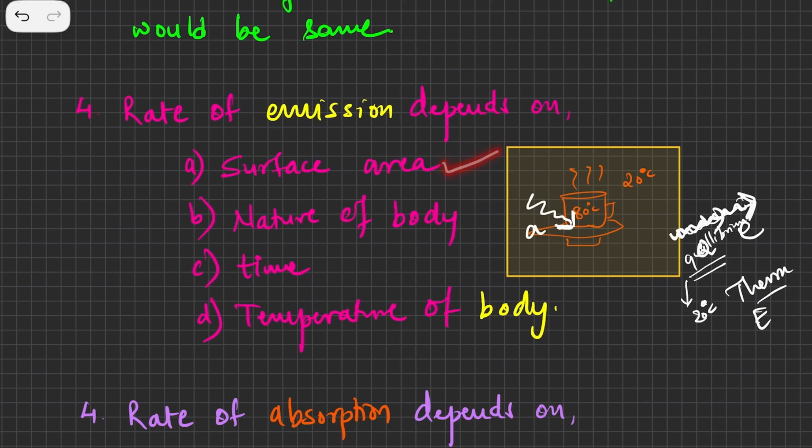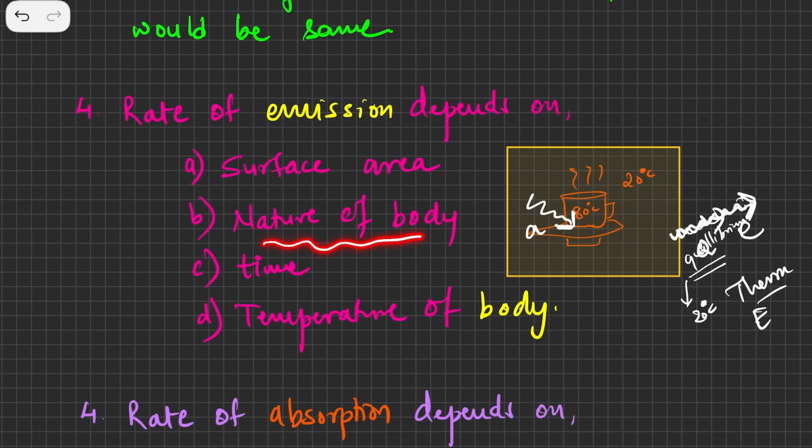So it depends on area. The larger the area, the larger the emission rate. That's why we see that a larger area emits more and it becomes cooler faster. Let's say you have some hot water or tea and you spill it on the ground, then you will find it becomes cooler faster than it would have in a cup.